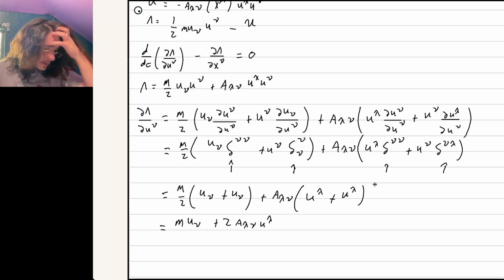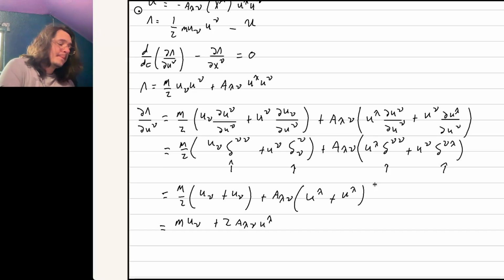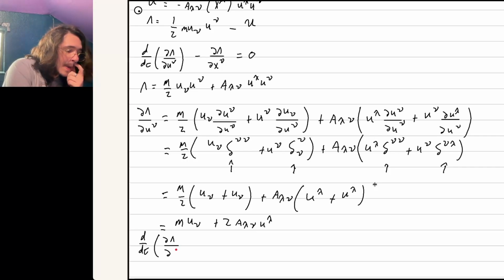All right. Now we got to take a time derivative of that. So d tau of del lambda del u^nu.